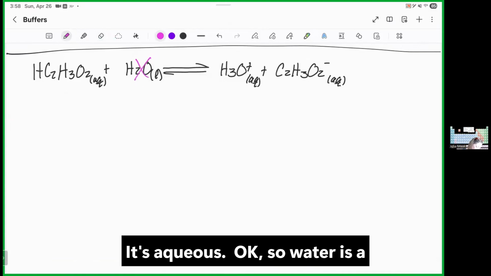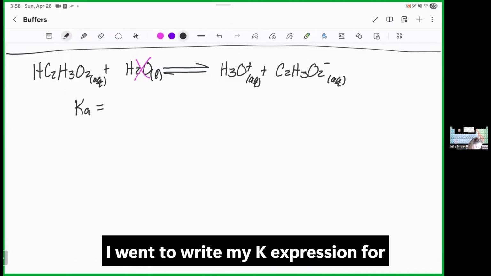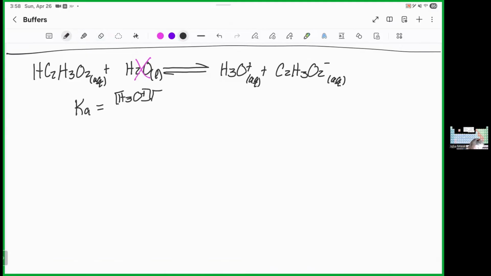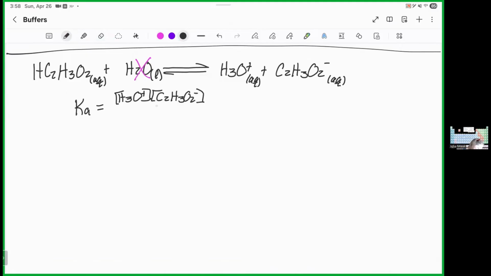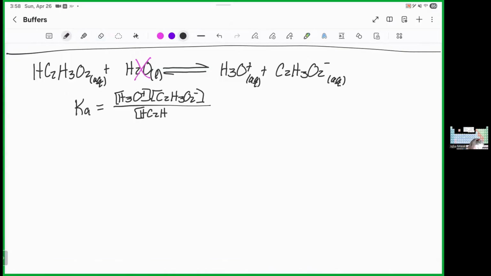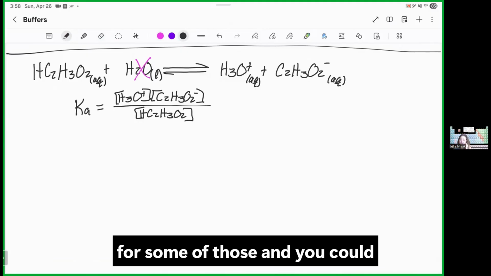Water is a liquid, so we're going to ignore it. If I went to write my K expression for this, my Ka, it is my hydrogen ion times that acetate ion divided by the acid. I could give you numbers for some of those and you could calculate the others.